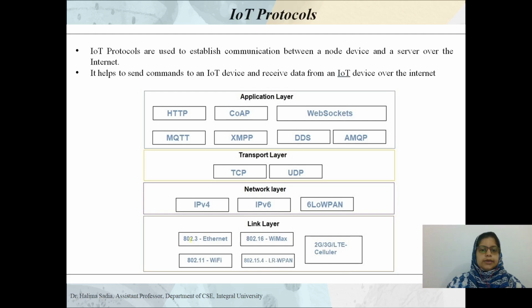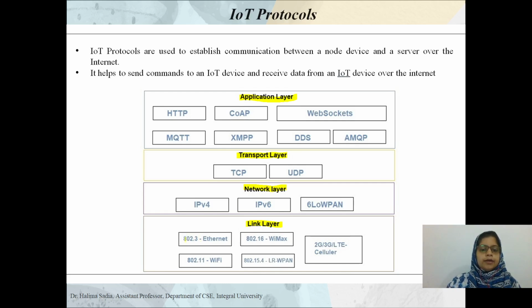As we can see in the protocol suite given over here, it constitutes 4 layers. The lowermost layer is the link layer, the next layer is the network layer, then we have the transport layer, and then we have the application layer. Each layer constitutes different protocols that perform the functionalities specific to that particular layer.